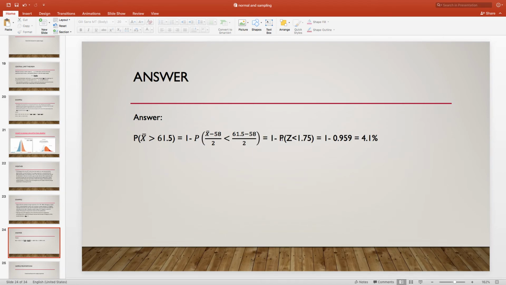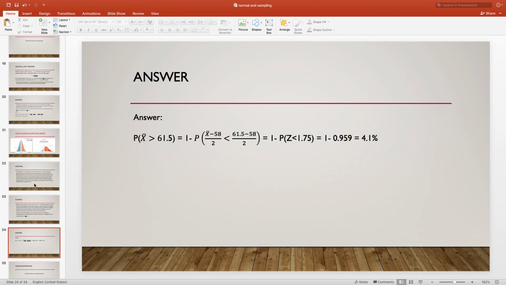And when I do that, I get 1 minus the probability Z is less than 1.75, which is 1 minus 0.959, or 4.1%. Okay. So the odds of seeing an average temperature that would be 61.5 degrees or larger if things had not changed is 4.1%.